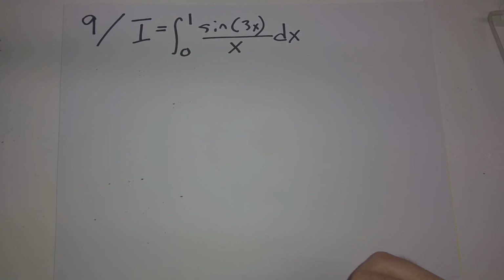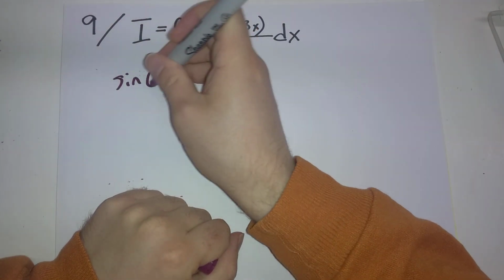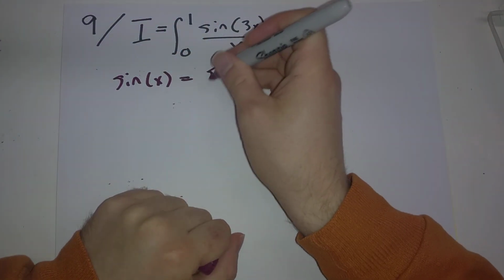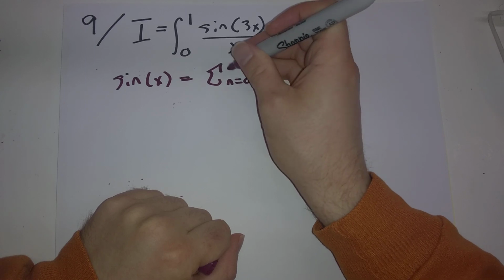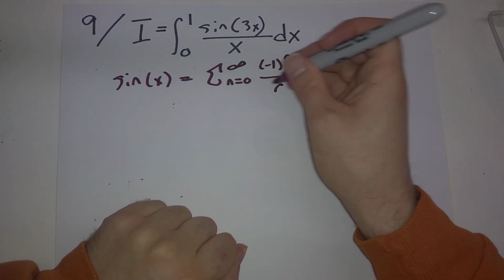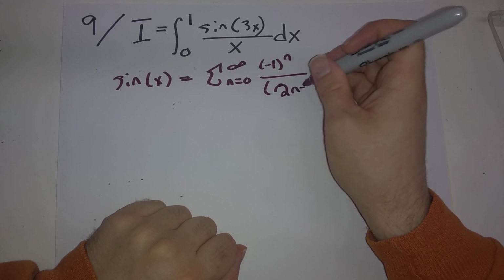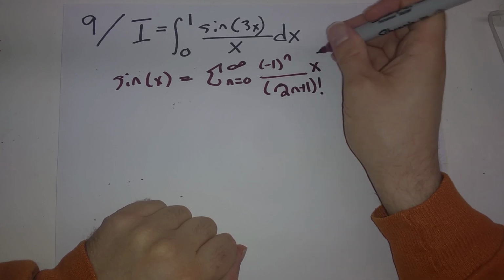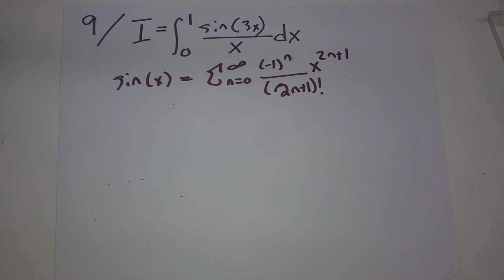Okay, so first thing that we're going to write is sine of x is the sum from n from 0 to infinity of minus 1 to the n divided by 2n plus 1 factorial, and it's x to the 2n plus 1 power.